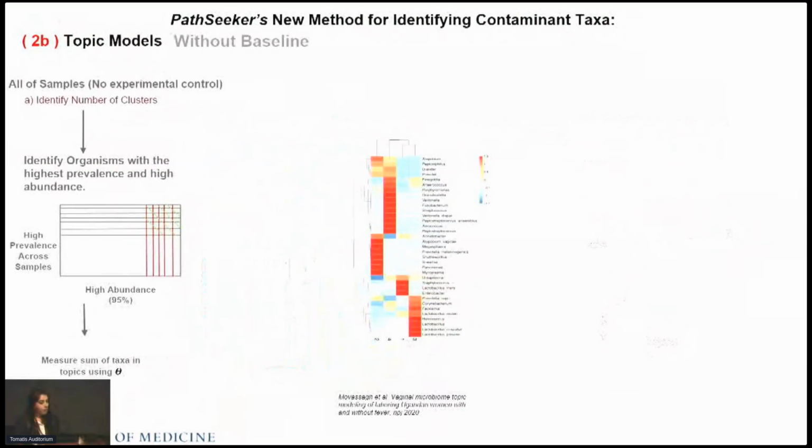taxa. Another way to think about this is if you do not have any baseline, basically if you do not have any controls for your analysis. In that case, as I discussed with you, samples that have high abundance and high prevalence most likely are the samples that will show you more of your contaminant taxa.